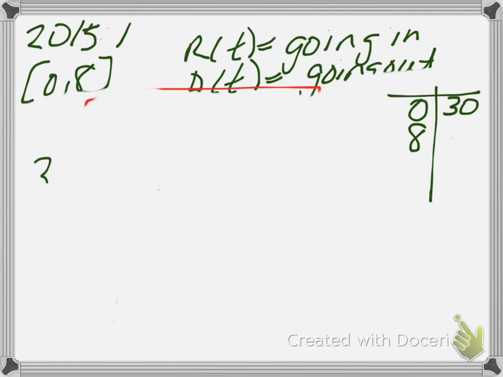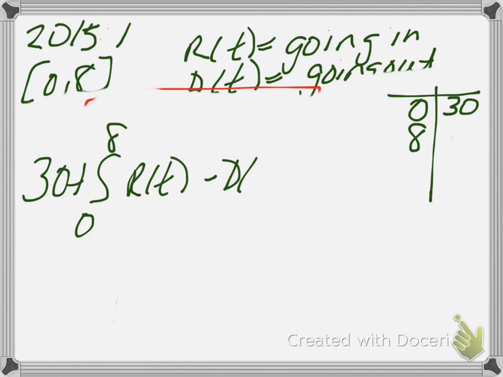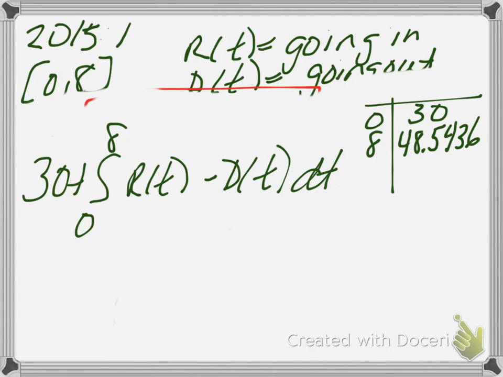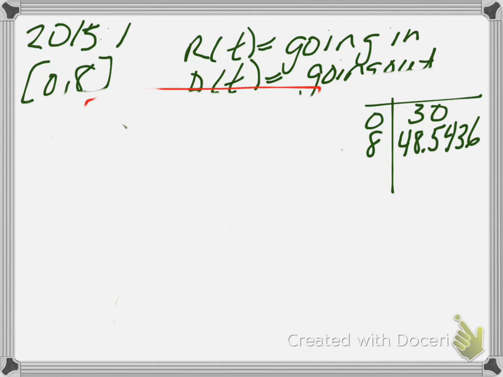So you're going to have the 30 plus the integral from 0 to 8 of R of T minus the water that comes out. You put that into your calculator, and at T equals 8 you should get 48.5436. So at 0, it was 30. Now you have one more to do, and that's to check for critical points.